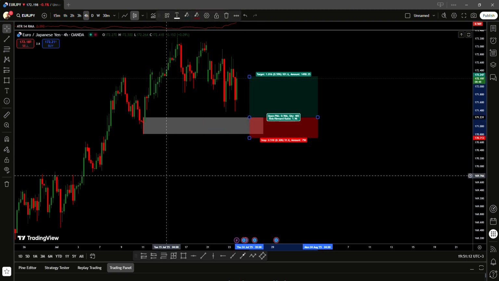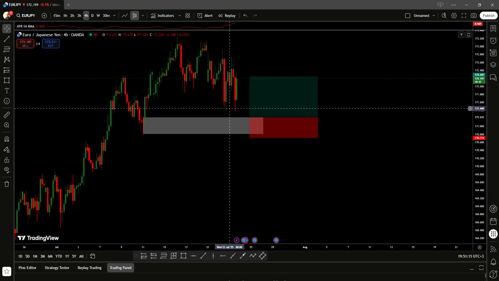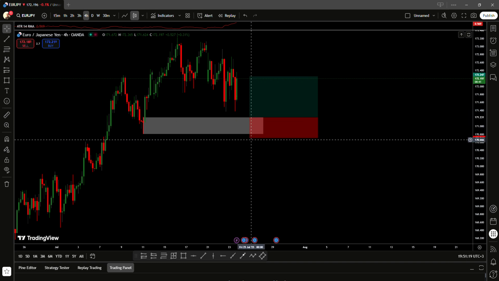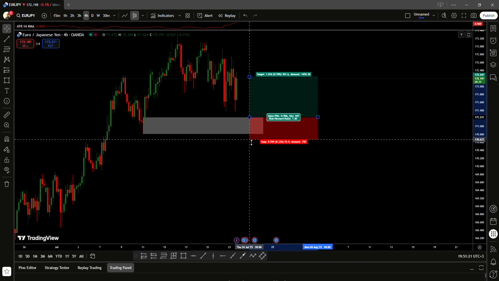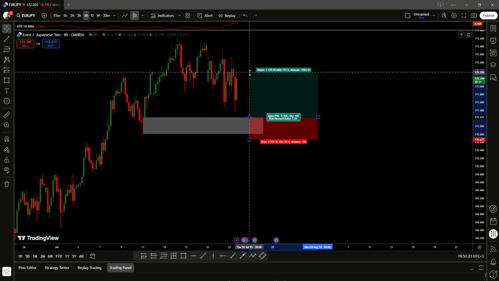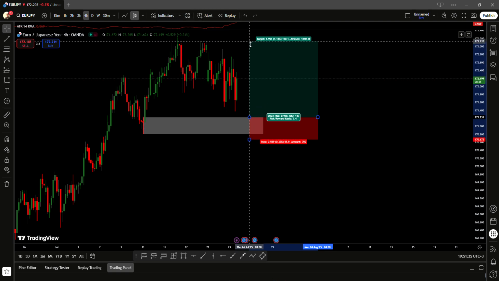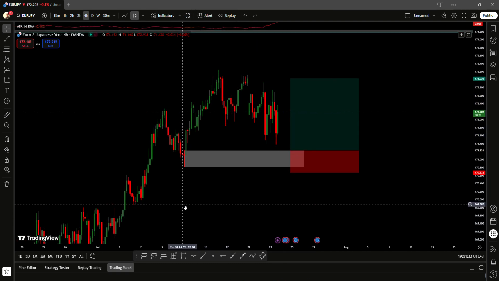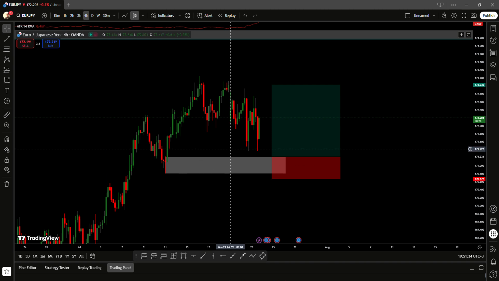So on the 4 hour, you're risking only 55 pips to make 200 pips. Okay, 190. That is 1:3.2 on the 4 hour. So what are you waiting the 4 hour?